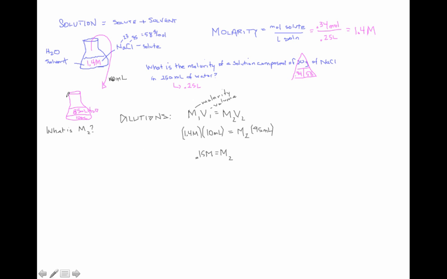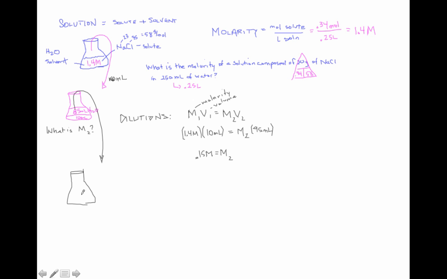So that makes sense, because if I had put 90 here, or 10 in 100, that would have been a tenth, but I'm a little less than that, so it's a little bit more than 0.14. Alright, so that's how you do a serial dilution. So you would then take from this one and form the next daughter solution.